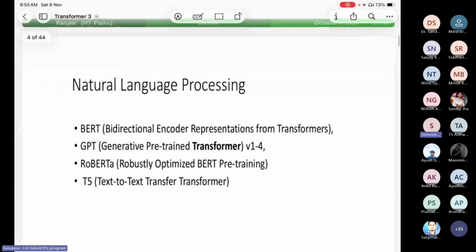Then the next is natural language processing. I already told you that the transformer came for the NLP task only. In natural language processing, we have a lot of different transformer variants with a similar structure. The initial transformer came in that paper, and later people started to change it and make the next versions, modifying something to solve a particular task.